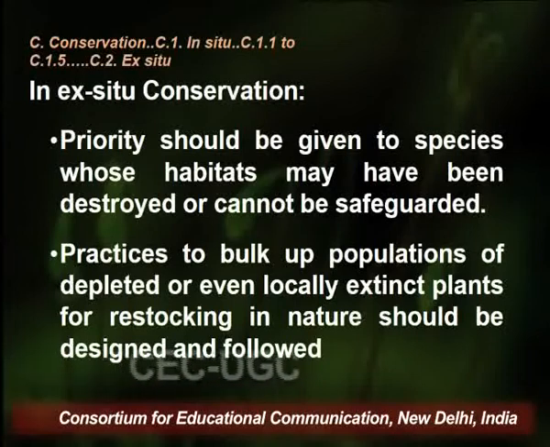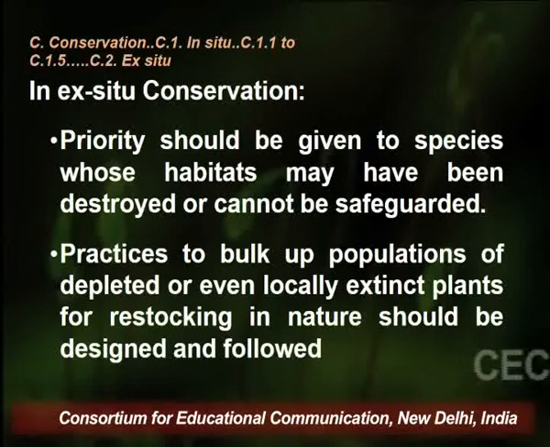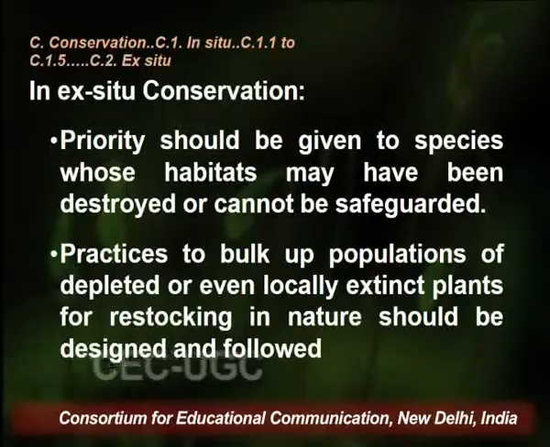So those species that were once growing naturally in their natural habitat, and whose natural habitat has been destroyed either due to natural calamity or due to extensive human expansive activities, where those particular geographical areas cannot be safeguarded from human activities, such kinds of species can be conserved under the ex situ methods. And yes, again I will repeat that these ex situ conserved species should always complement the in situ conserved species or the in situ conservation methods.